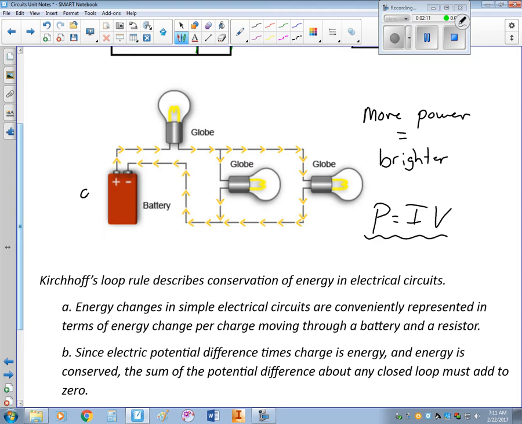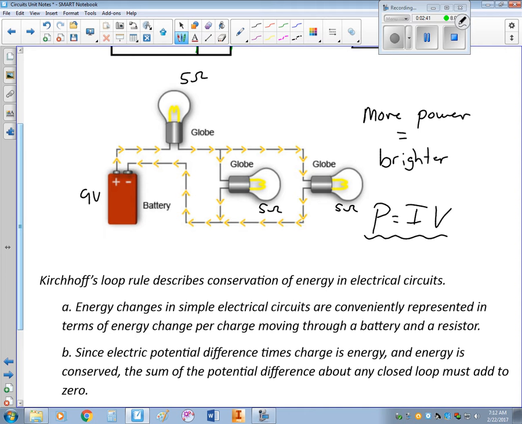We've got a 9-volt battery, and let's say that each bulb has the same resistance. So let's say that they are 5 ohm resistors, or 5 ohm light bulbs. Which bulb would be the brightest? We've got power equals current times voltage, but that's not really too helpful.